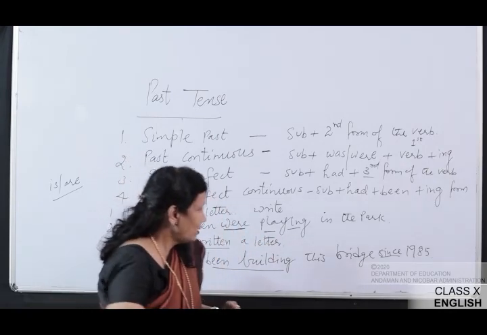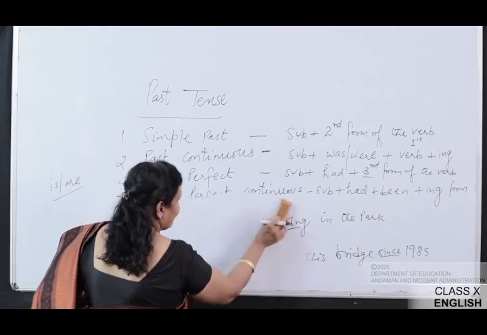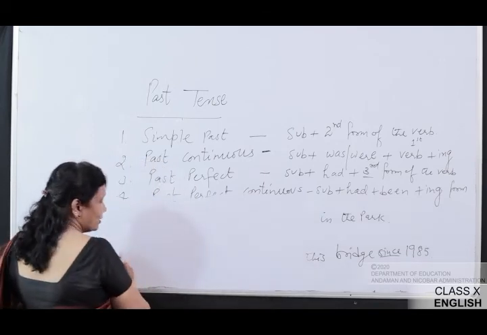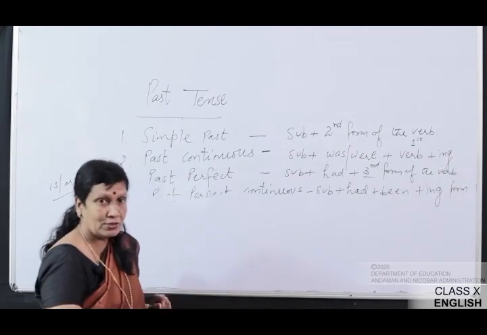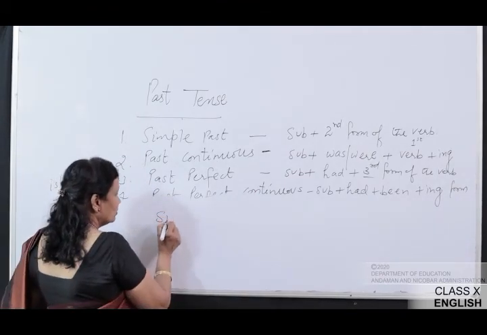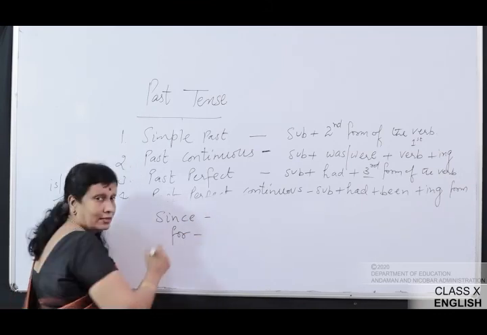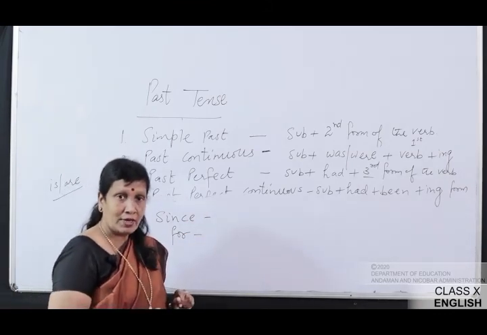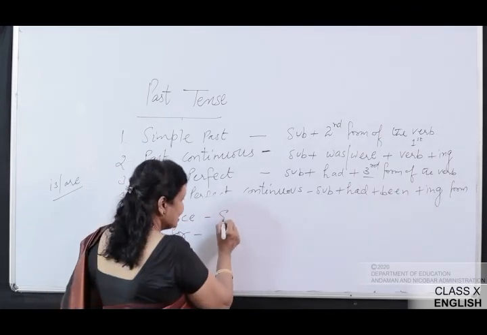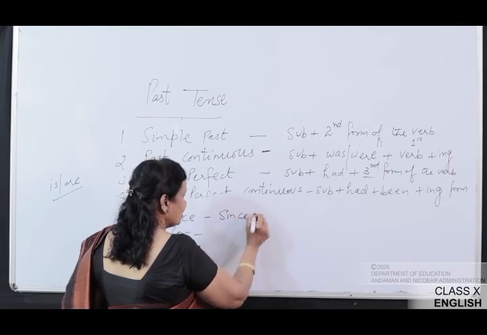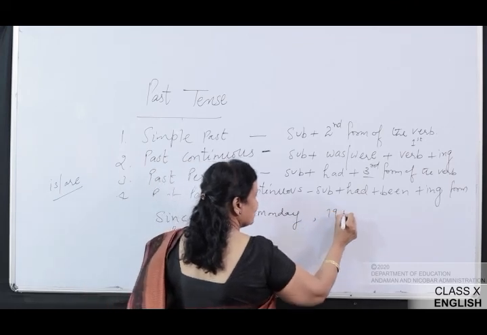Now children, let's learn one important fact regarding the use of since and for. We had used since here, so since and for. You need to remember they are the prepositions. Okay. Now since 1985, since Monday, okay, or maybe since 1947.